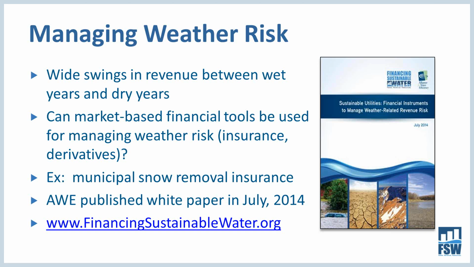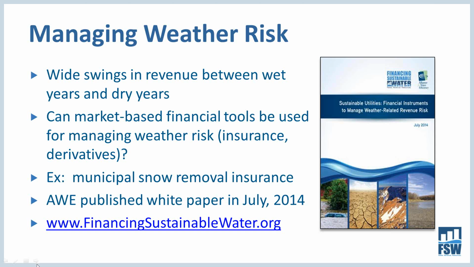One issue we became interested in not too long ago was weather risk, which has been mentioned and discussed repeatedly throughout this discussion. We're seeing that variable weather, specifically wide swings between wet years and dry years, or persistent weather conditions like droughts, can cause significant damage to revenue projections or cause revenue shortfalls.